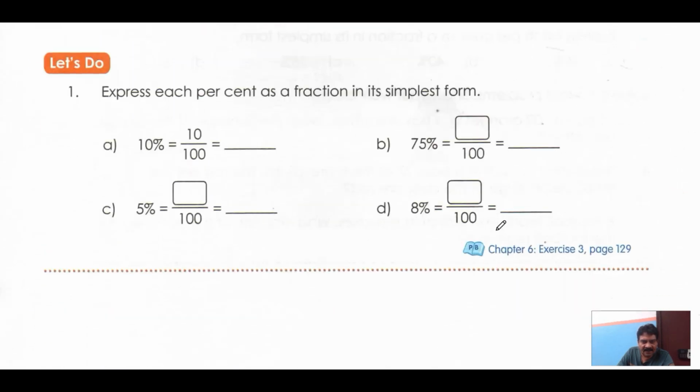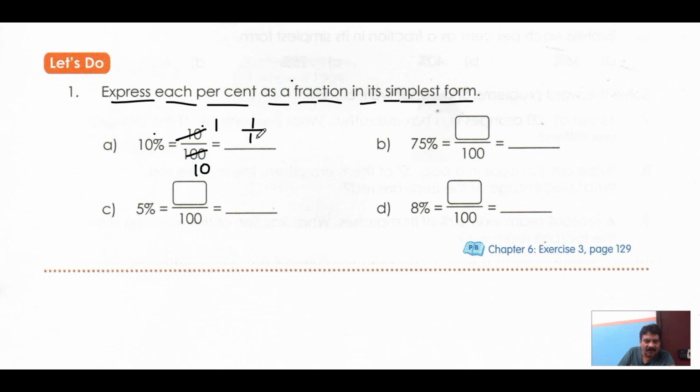Okay, let's come back to this one now. See here, express each percent as a fraction in its simplest form. This is the question. As I told you, always read the question before you are going to do it. So here, express each percent given in simplest form. Okay, so here 10% means 10 by 100. So 10 ones are 10, 10 tens are 100, right?